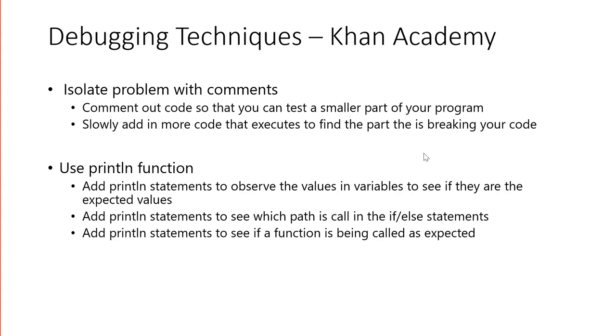You can add print lines to see which path is being called in an if-else statement. You can add print line statements to see if a function is being called by just adding the print line inside the function. Print line functions can help you debug and understand how your code is working, and that allows you to identify the defect more easily.